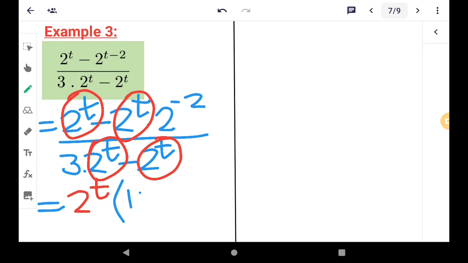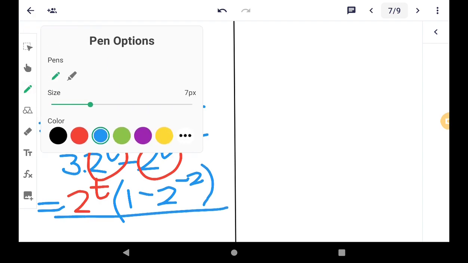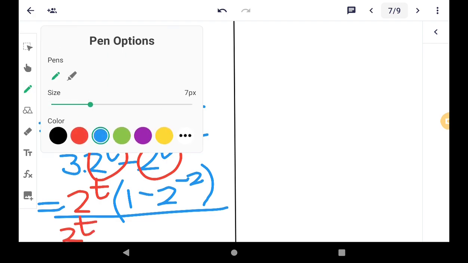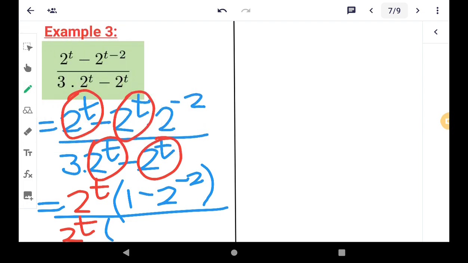minus 1 minus 2 to the power of -2, all over 2 to the power of t, that's another common factor at the bottom, in bracket 3 minus 1.